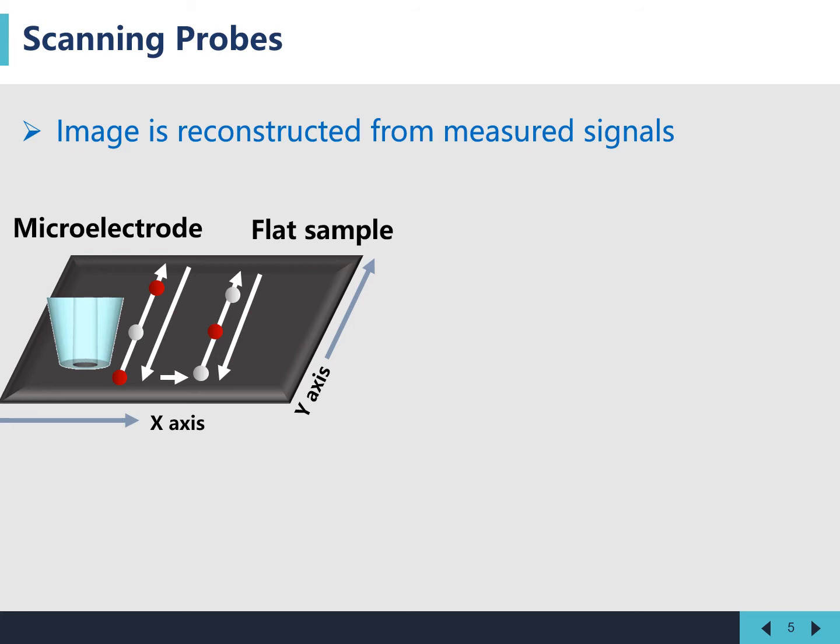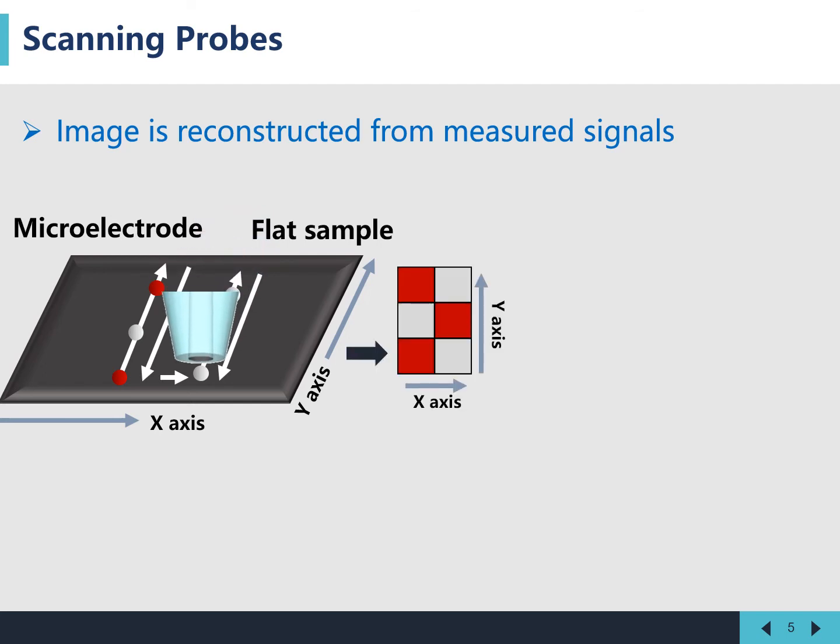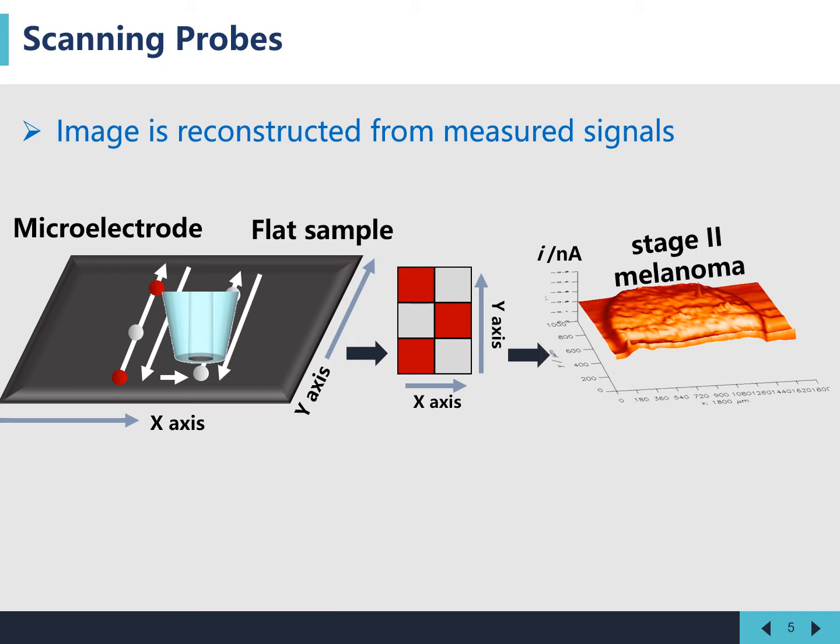The probe will do a line scan over one direction and then move to another line next to it to do another line scan. In the end, you will get a pixel image like this. If you collect more data, you can reconstruct a very nice image with high quality.